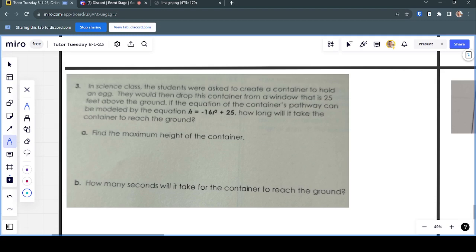First, it asks us to find the maximum height of the container, and then in how many seconds it will reach the ground. So take a second, think about this, and see if you guys know how to solve this.